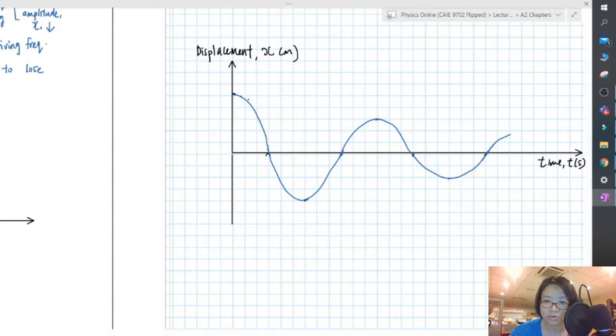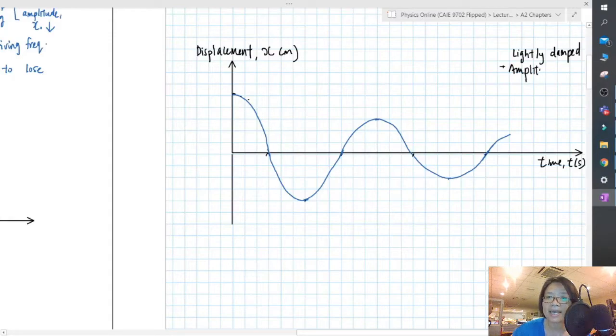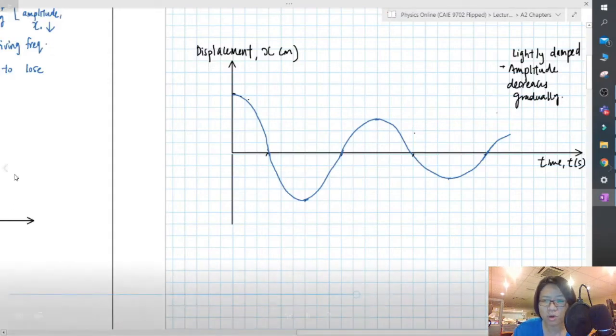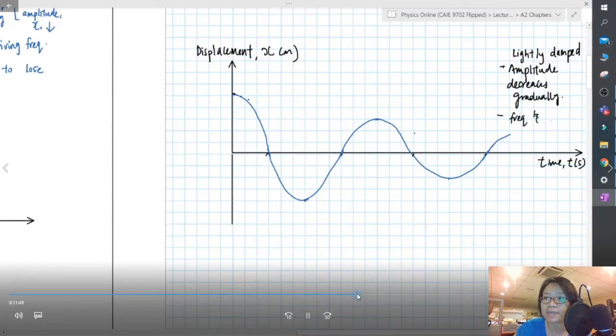I can show you the equation, or you can find it on Wikipedia, but it's totally not needed. So this is what we call lightly damped or light damping. From here, you can see that the amplitude decreases gradually, normally we call it exponentially, but the frequency and period remain the same.